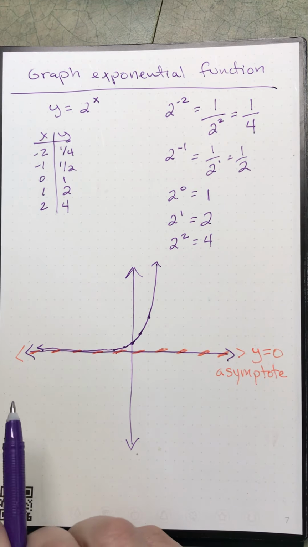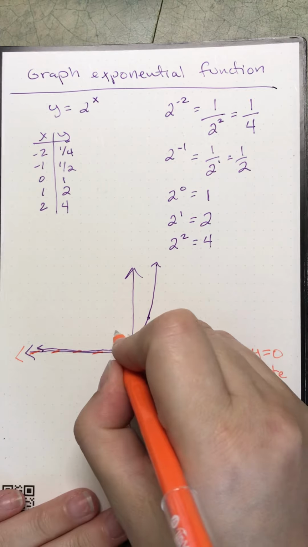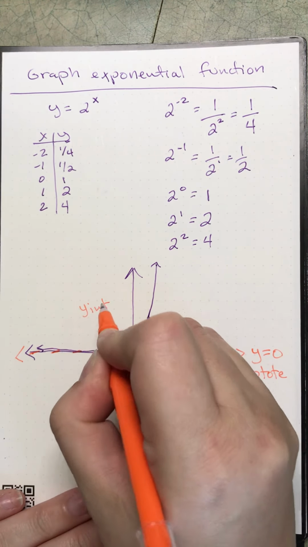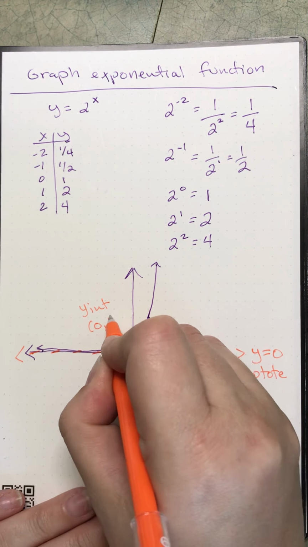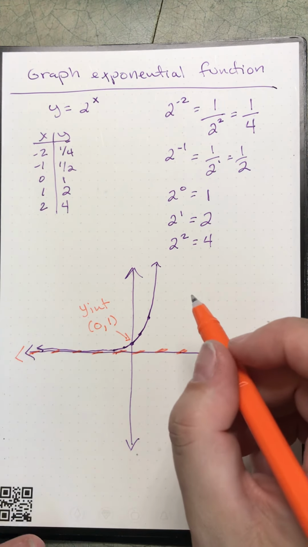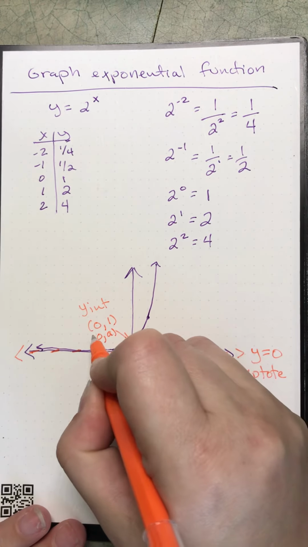Let's see. There's some key features on here that I want to point out. One is that y-intercept, which is at 0, 1 in this case, but generally speaking, it's going to be at 0, a.